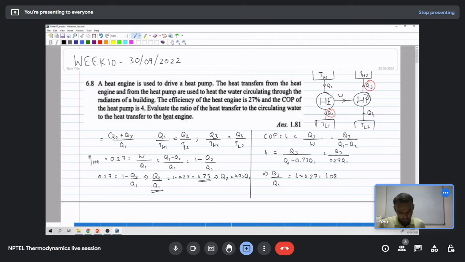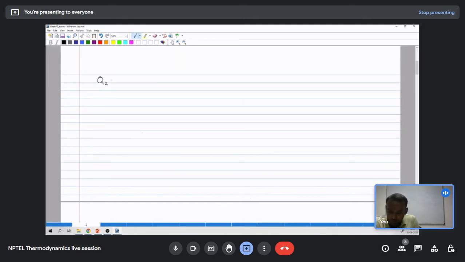So Q2 plus Q3 by Q1 is Q2 by Q1 plus Q3 by Q1. Q2 by Q1 is 0.73 and this is 1.08.